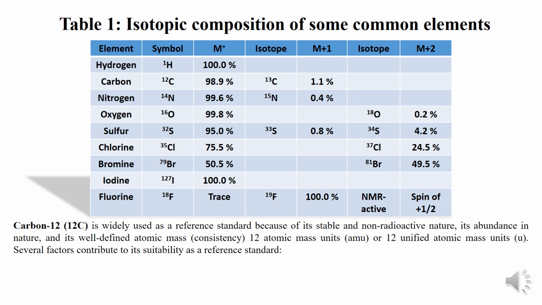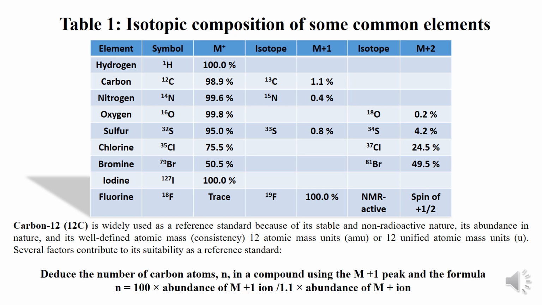That is because of its consistency with a value of 12 unified atomic mass units. And these are the several factors that contribute to its suitability as a reference standard. And you can deduce the number of carbon atoms in a compound using the n+1 peak and this particular formula. Further details will be explained in my forthcoming video on mass spectral analysis.